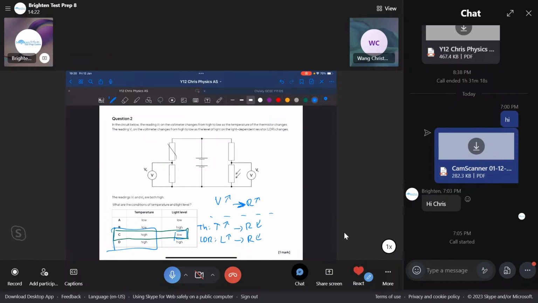Temperature goes up, resistance goes down. Light intensity goes up, resistance goes down. So they seem to have a similar behavior, but the way the question is phrased is going into the other direction, and that's why it says for the voltage to be high, the resistance must be low, right? Because of the other way around.